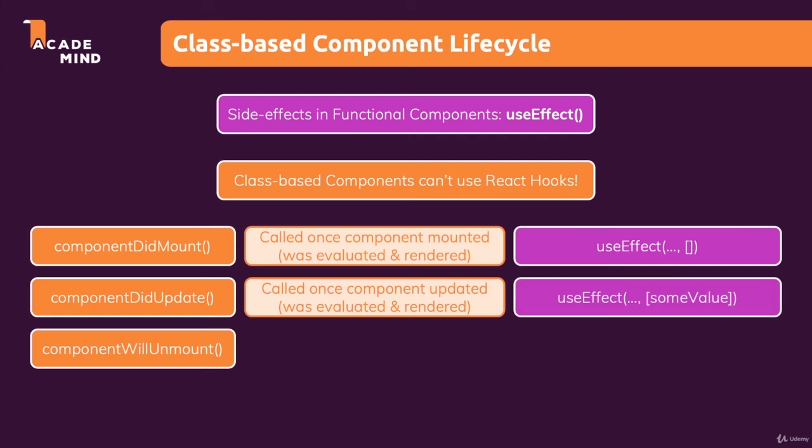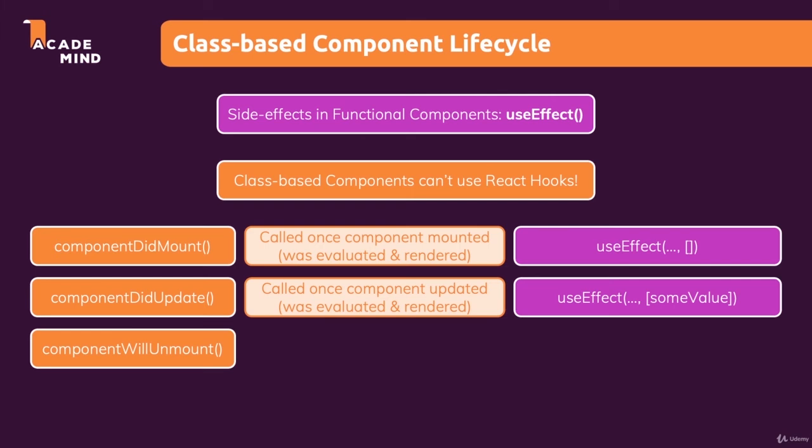Whenever the dependencies change, the useEffect function re-executes. And the dependencies are re-evaluated when the component is re-evaluated and was rendered again. Because you learned that the effects are generally re-executed whenever a component re-rendered, if dependencies changed. So that's why this is basically your equivalent to componentDidUpdate.